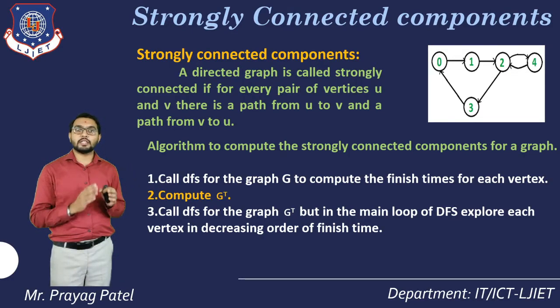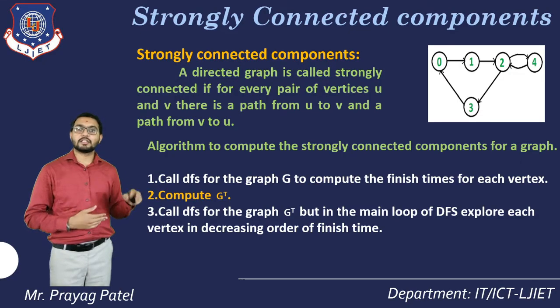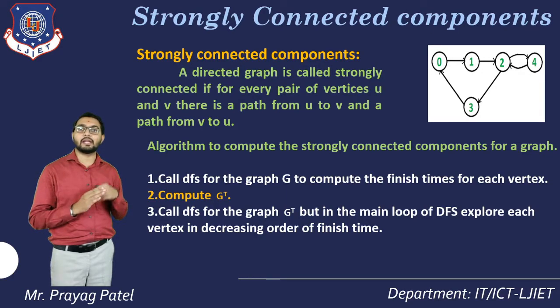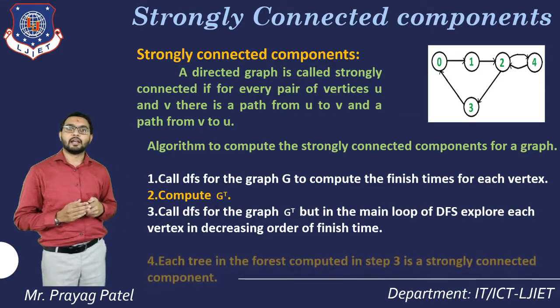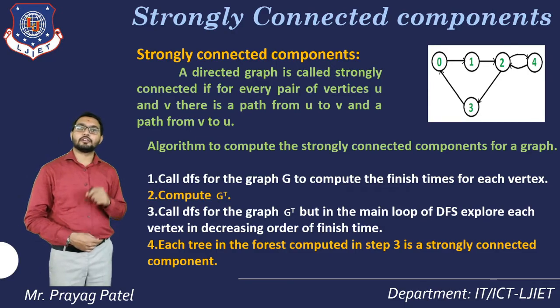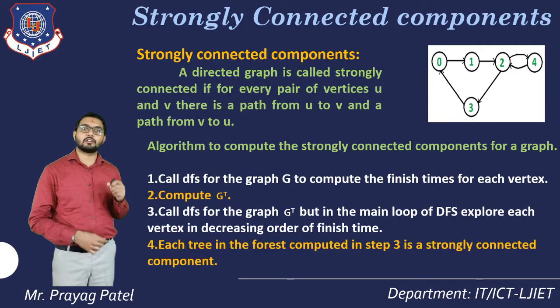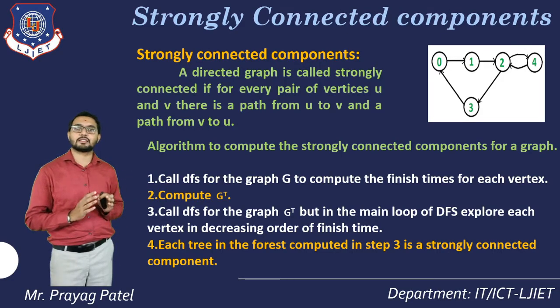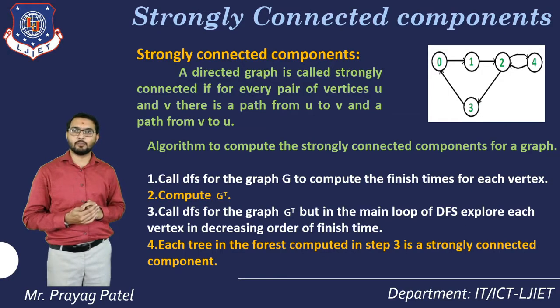So according to the finishing time of your nodes, consider the sequence of starting points for applying the DFS algorithm the second time. And step number 4, each tree in the forest computed in step number 3 is a strongly connected component. So here consider the final step as the strongly connected components.